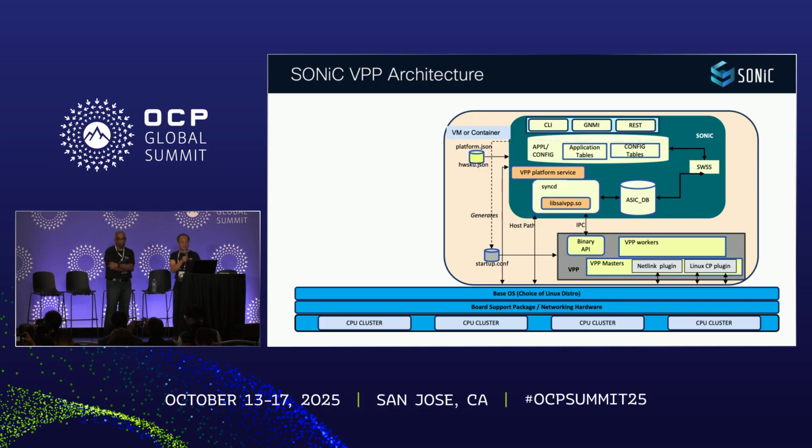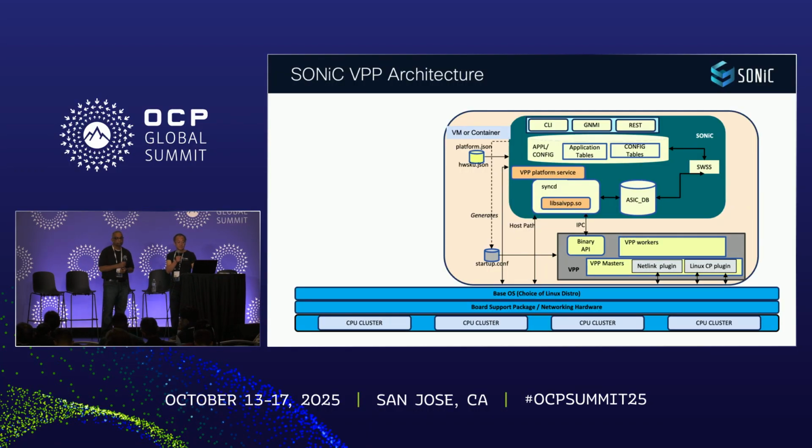It does that through libsaivpp.so, which is the VPP-side implementation. And libsaivpp talks to the VPP process through the binary API over IPC, because the VPP data plane is another process.